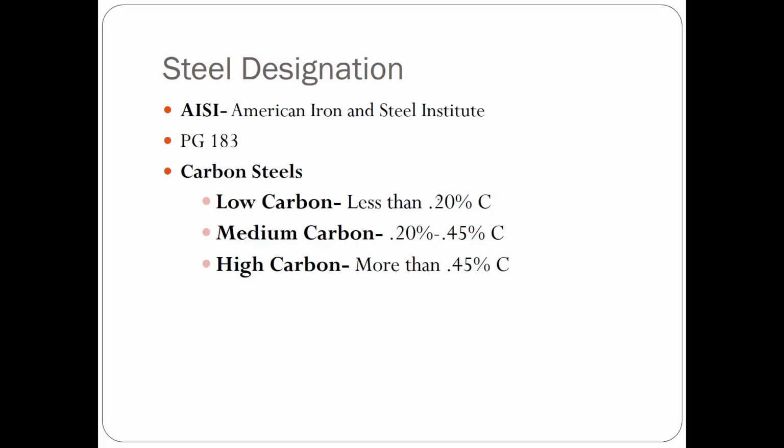AISI steel designation, page 183 in your book. Definitely want to tab that page. There will be questions on identification. So I might give you something like 4140. I'm going to ask you 3 questions about that, right?